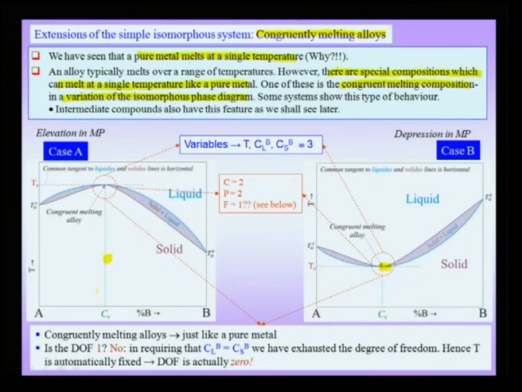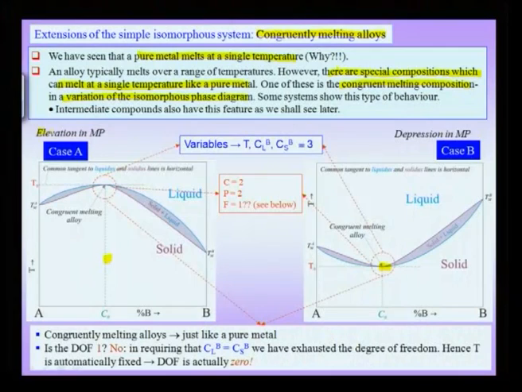And note that intermediate compounds may also melt at a single temperature, which is like a pure metal or a congruent melting alloy composition, and when we refer to alloy here, we are talking about a disordered solid solution. So, we have two variations to the congruent melting alloys.